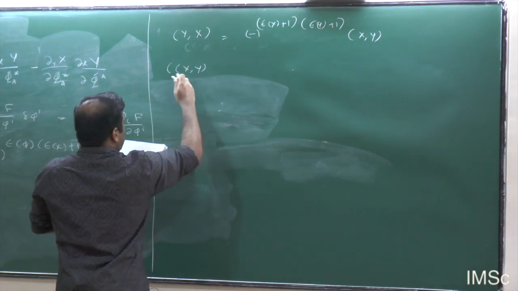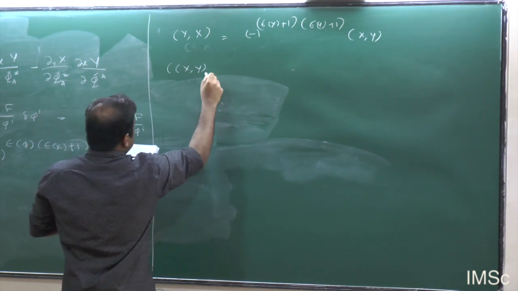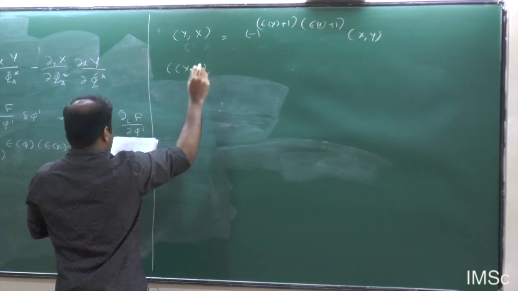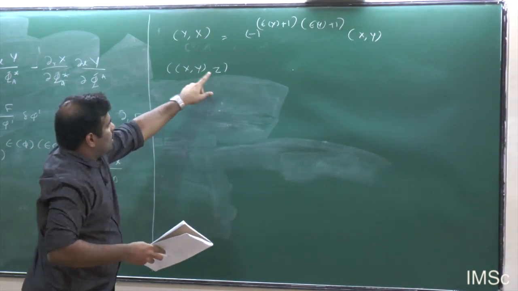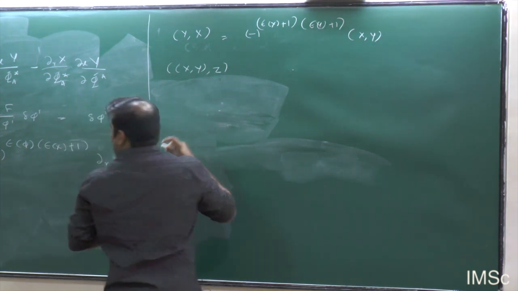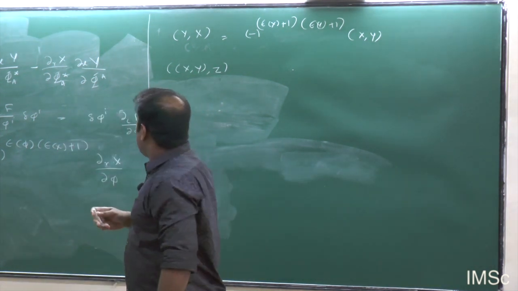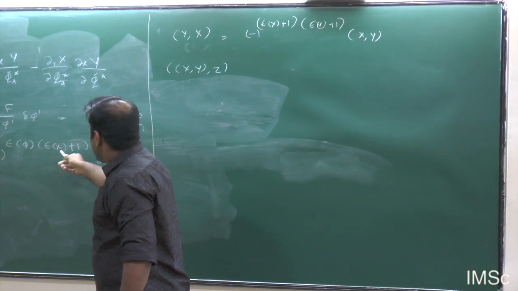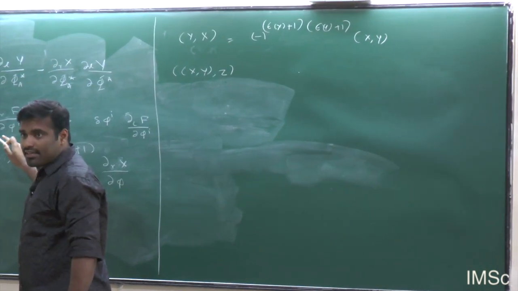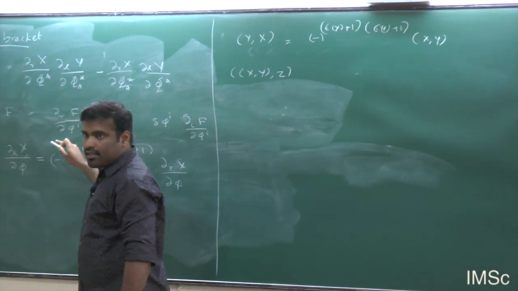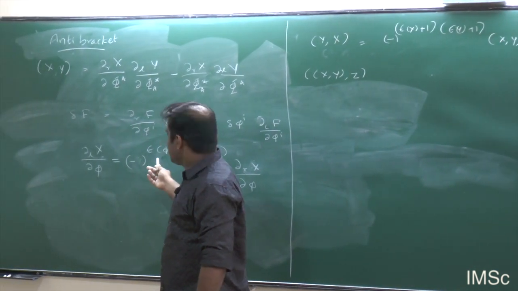So you have the anti-bracket of xy, which is again inserted in another anti-bracket. So you have the anti-bracket of xy, then the anti-bracket with z. What is epsilon? Oh, this is not the gauge parameter, this is the parity. It tells you what is the Grassmann-ality of field phi.